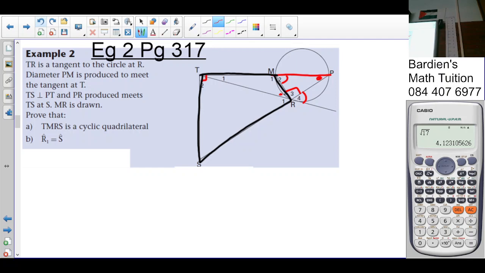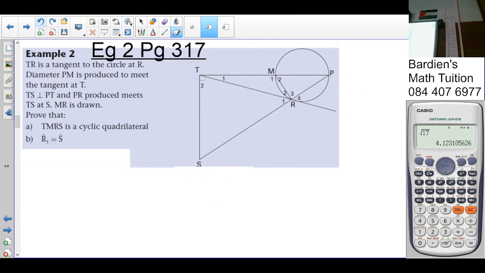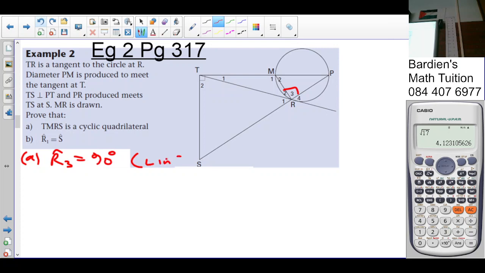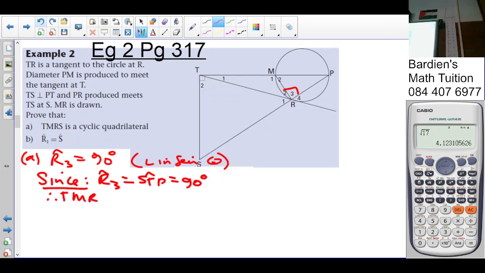Right, so let's do the layout. So we first say that R3 is equal to 90 degrees. Why? Angle in semicircle. So now we state the obvious. So we say since R3 is equal to STP, which is equal to 90, therefore TMRS is a cyclic quad.